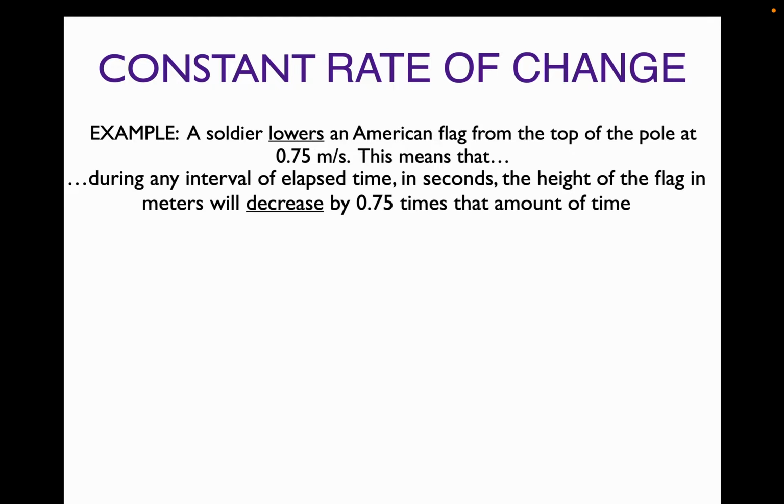That means that during any interval of time during the ceremony, the height of the flag will decrease by 0.75 times the amount of time that's gone by, where we're measuring the height of the flag above the ground in meters, and we're measuring time in seconds. So we have these two different sorts of units, but the rate is in meters per second, so that multiplication takes care of all the units.